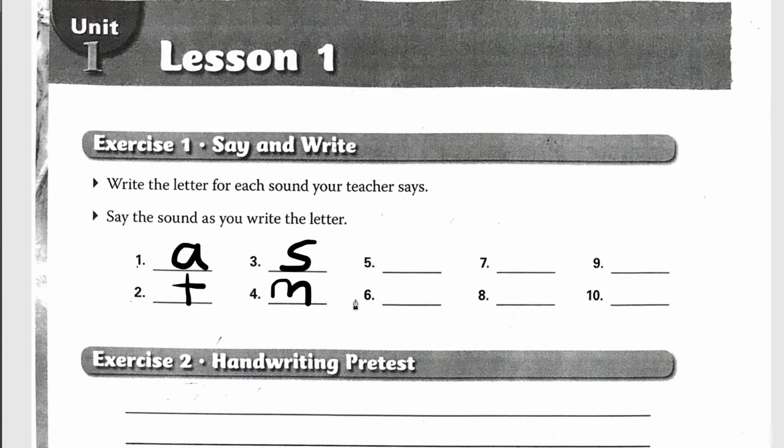Number 5. B. What letter do you hear? I hear B. So you should have thought of B. Number 6. K. This one can be kind of tricky. Let's think about the word cat. K. Everyone say k. If you said C, you would be correct. Okay, number 7.